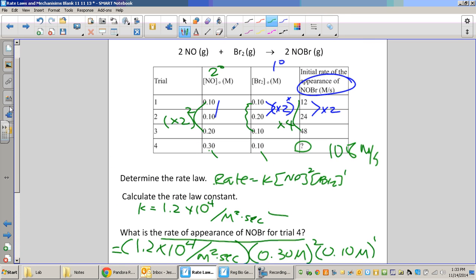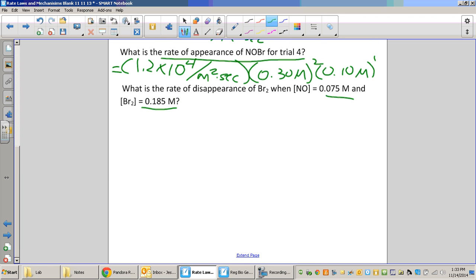So, relating back to our relative rates, this is going to be forming twice as fast as Br disappears. So to determine the rate of disappearance of something, you would half it. So whatever you get by plugging these values into the rate law, whatever that number is, is the rate of formation of NOBr.